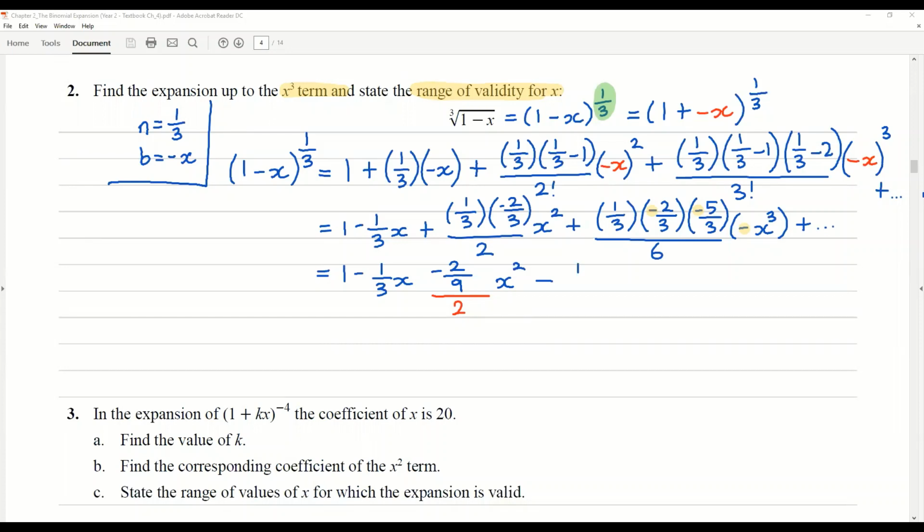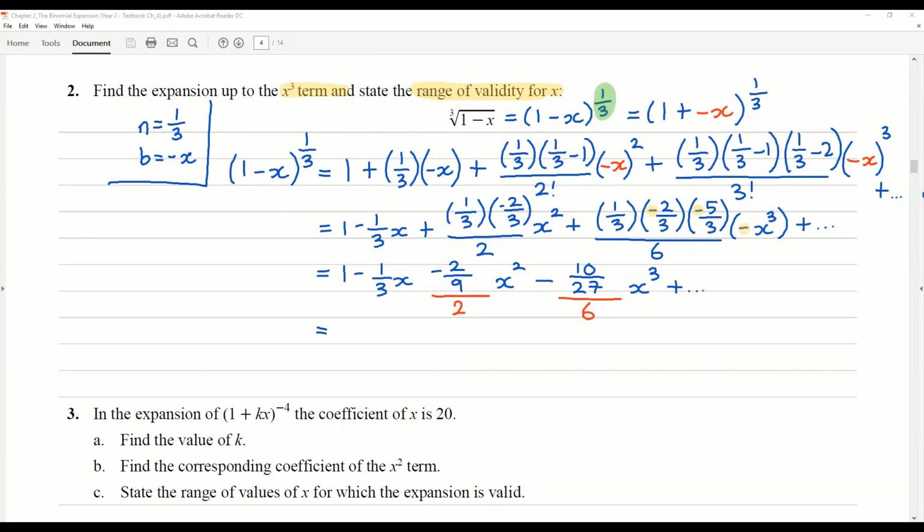So that's going to be negative 10 over 27. So that's 3 cubed in the denominator. And that's going to be all over 6. All right, and I brought the negative to the front there. So that's going to be x cubed. Plus some more terms.